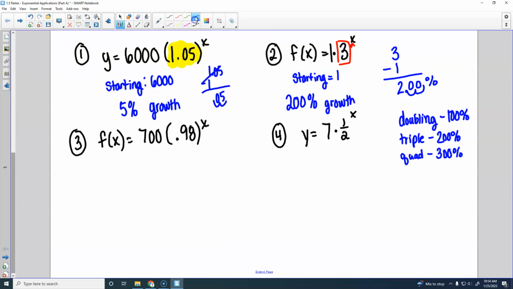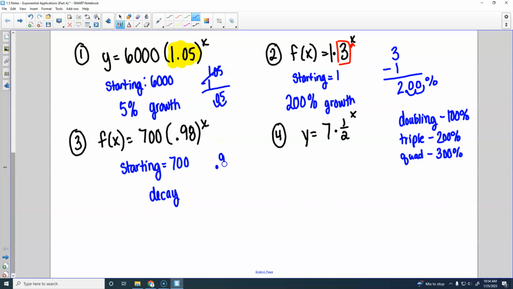Okay, questions so far? All right, for 3, what's my starting value? 700. Okay, is this growth or decay? Decay, because that b value is below 1. So you can do the same thing for this.